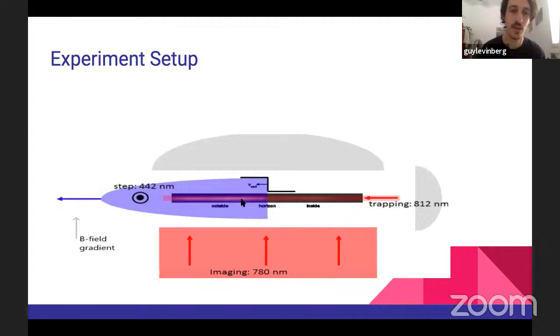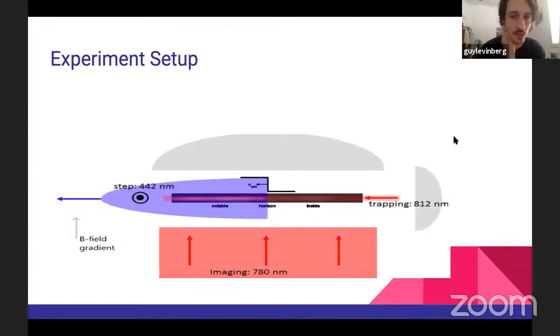There's effectively a gravity going from the outside to the inside, and this imaging is only for being able to detect anything, and they also use a magnetic field to make everything resist gravity.